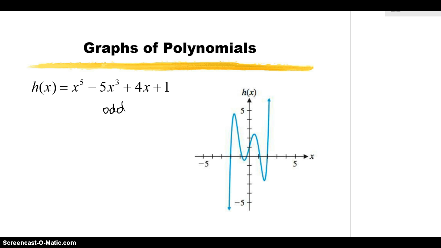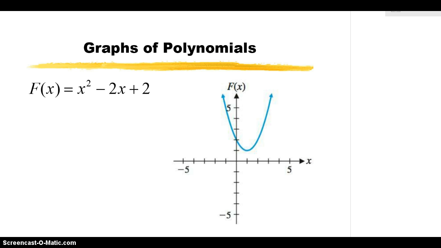And if you were to draw the line y equals negative x, once again you will get that natural symmetry going. Notice it starts out negative again, just like the previous two, and ends up positive as x goes towards positive infinity. And notice we have 1, 2, 3, 4, 5 x-intercepts, and the highest power of x, or the degree of the polynomial, is 5.